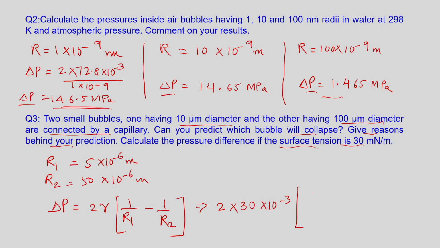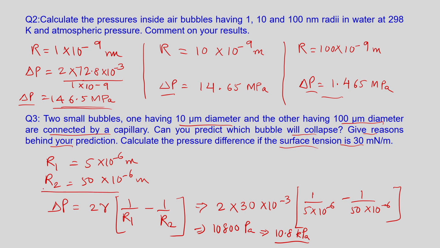Then you put in the values, 1 upon 5 into 10 to the power of minus 6, minus 1 upon 50 into 10 to the power of minus 6. You solve this and you get close to 10800 pascals, which is equivalent to 10.8 kilopascals. So, this is the pressure difference between these two bubbles. The bubble with the larger diameter will actually expand, R2 will expand as compared to R1.